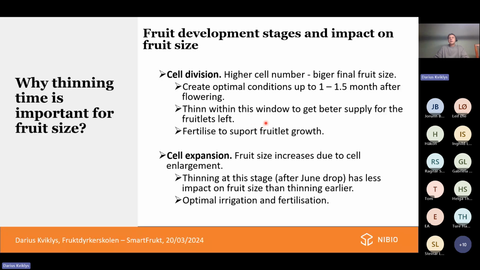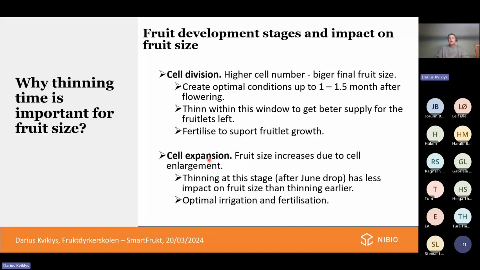If we want to get bigger fruits, we have to do our best to give the best supply of all nutrients and water to developing fruitlets and ensure a higher cell number. A higher cell number usually leads to bigger final fruit size.